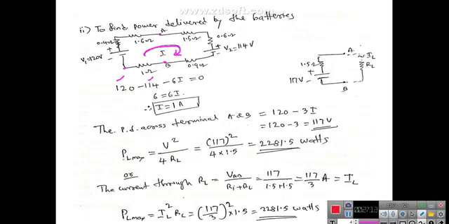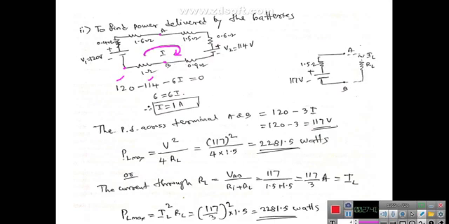And the resistance in this loop is 0.4 plus 1.6, that is 2, plus 3.5 plus 0.6. If you add all these resistances, that will be 6 ohm.